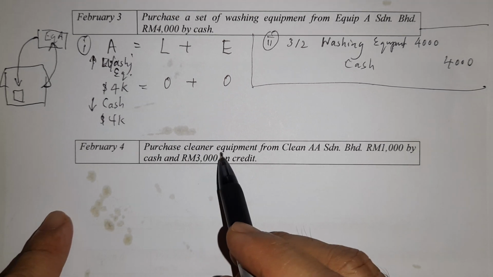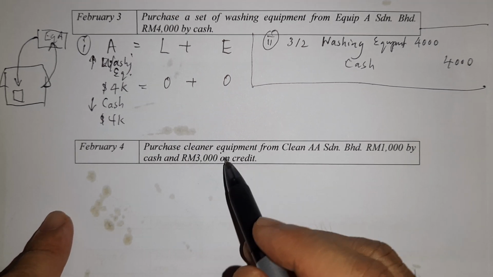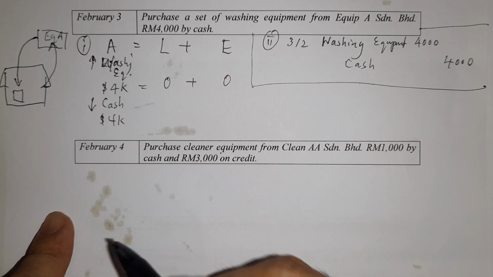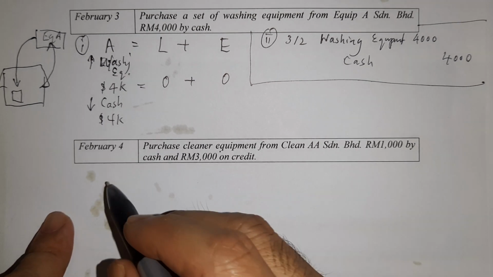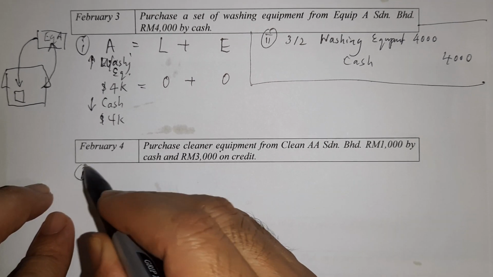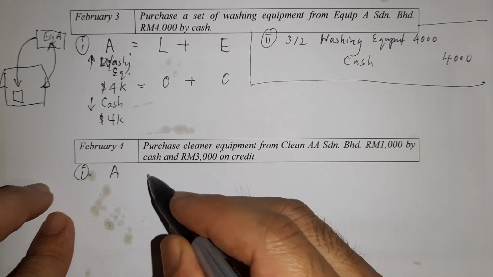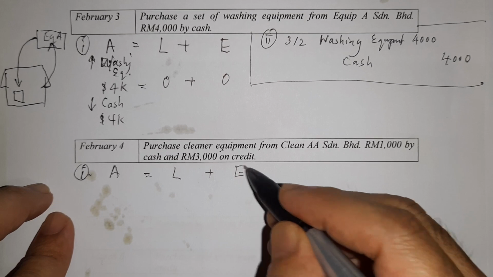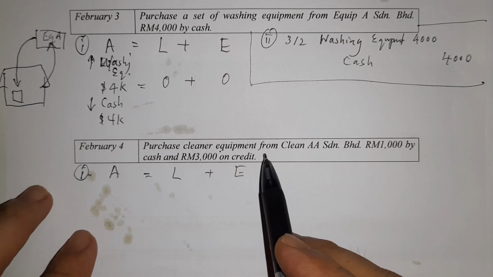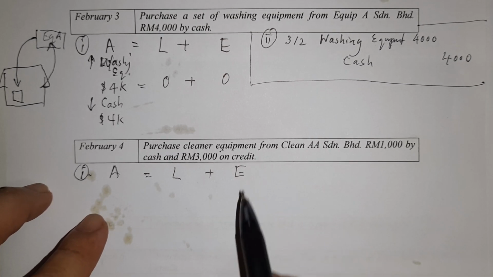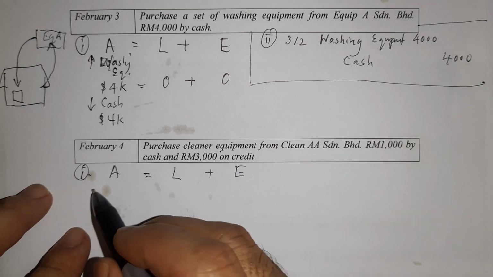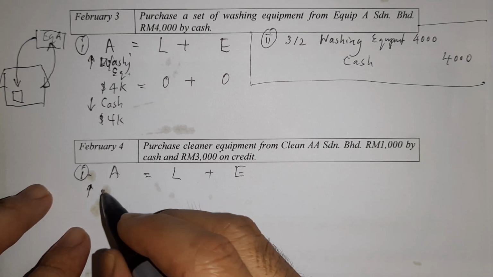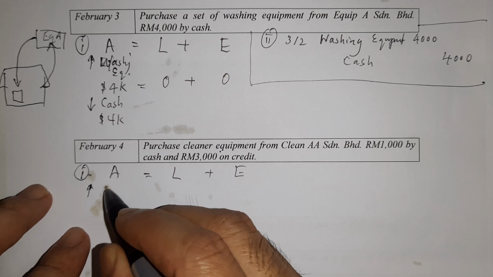When the business purchased the cleaning equipment, the equipment goes into the business. So the effect on the accounting equation is asset equals liability plus equity. The thing that happened to the business is an increase in asset. The name of the asset is cleaner equipment.